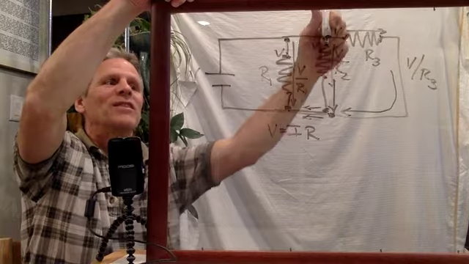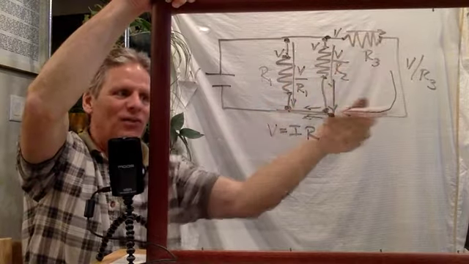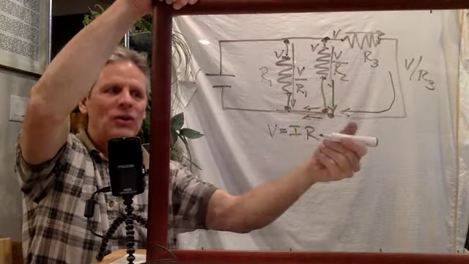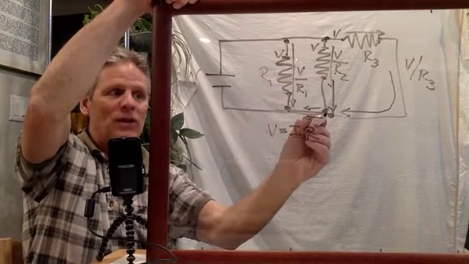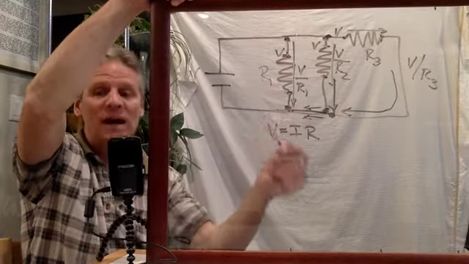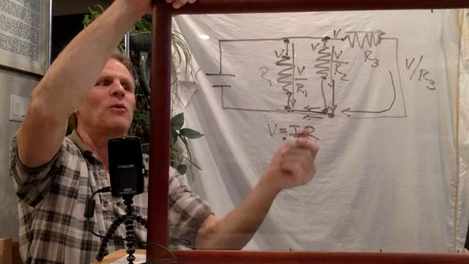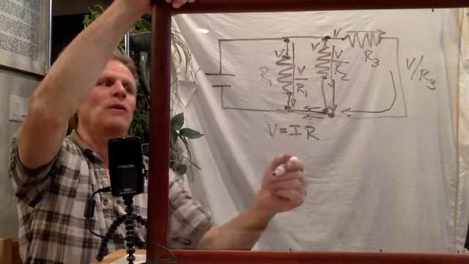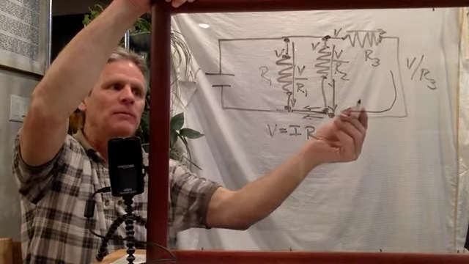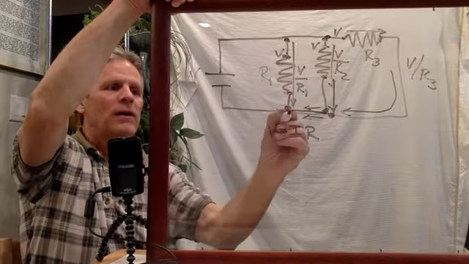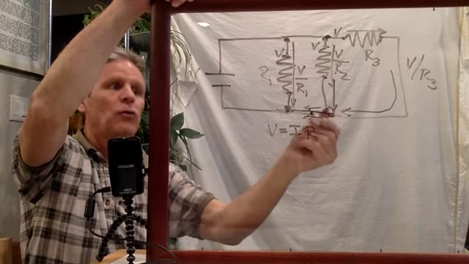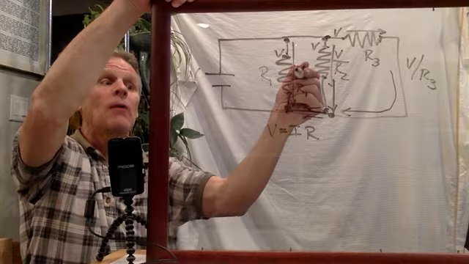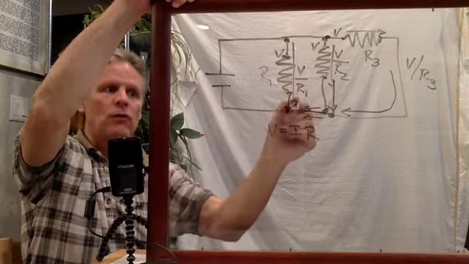So what do I have right here? Junction rule. This is one stream. This is the other stream. The two streams come together. The amount of current leaving this point must equal the amount of current going into it, which is V over R2 plus V over R3. Then what happens right here? Now over here I have V over R2 plus V over R3. And what do I have coming in here? V over R1.